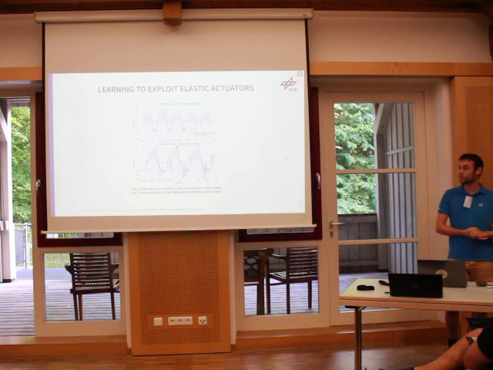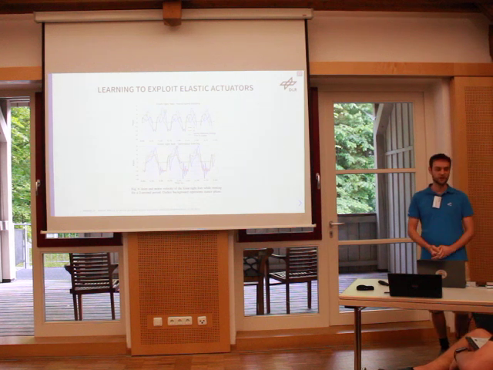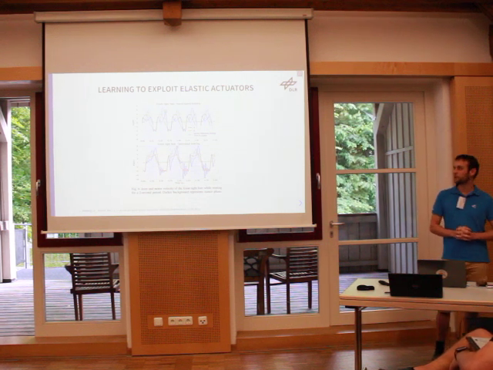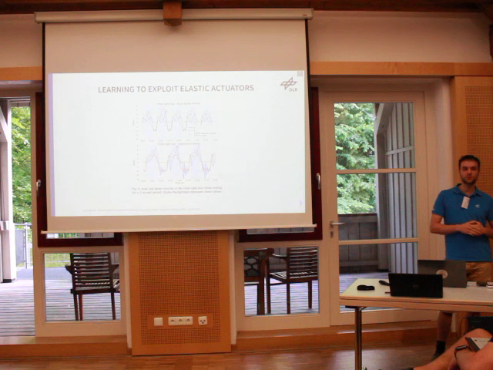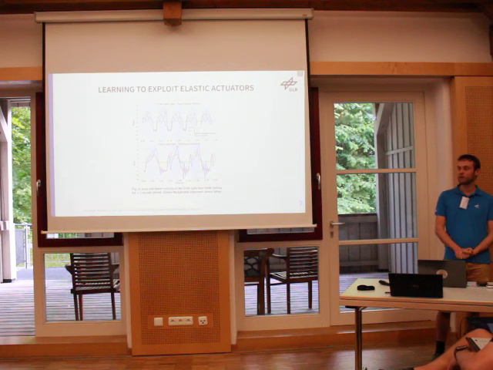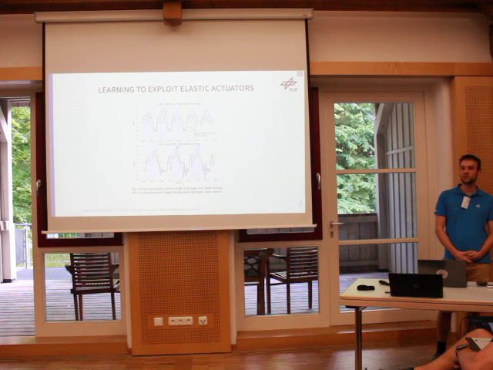And this is the last, but also very interesting slide for me, which is comparing the joint and motor velocity. So in a normal rigid robot, the joint and motor velocity will be the same, but in ours, because we have the elastic component, we can actually store energy and release it later to go faster than the motor. And this is what you can see. So in orange, it's the motor velocity, which is capped at 4 radians per second.